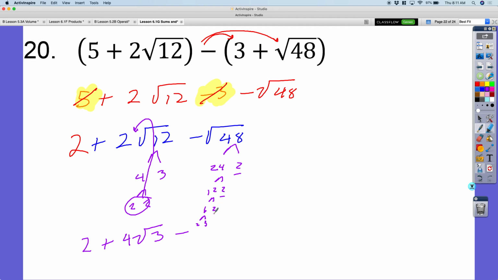So I have 1, 2, 3, 4. So I bring out 2 2's with the leftover 3. And then radical 2 times 2 is 4, radical 3. So I'm going to move this down just a tad so we can continue to simplify it.